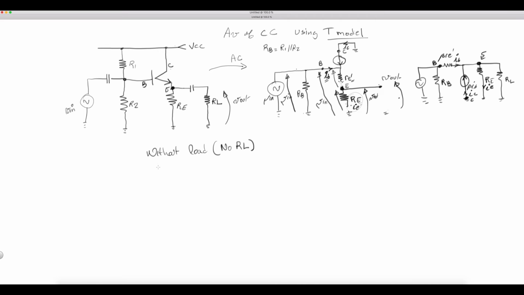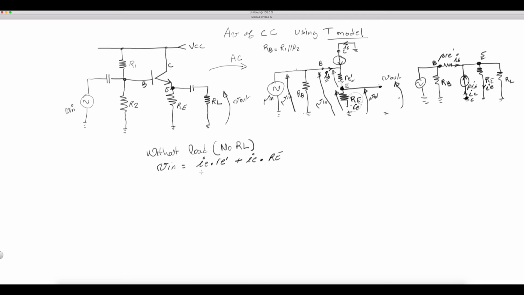Okay? So how can we write this? Vn is going to be equal to little IE times little RE prime plus little IE times RE. Well, what can we say about this? If you think about it, Vn is the sum of these two, right?